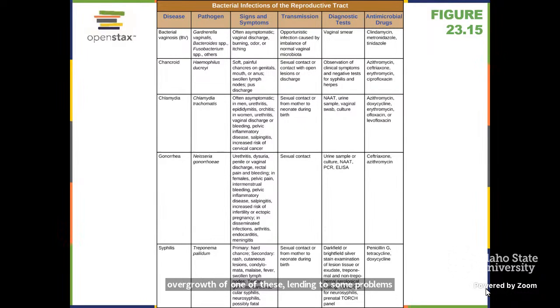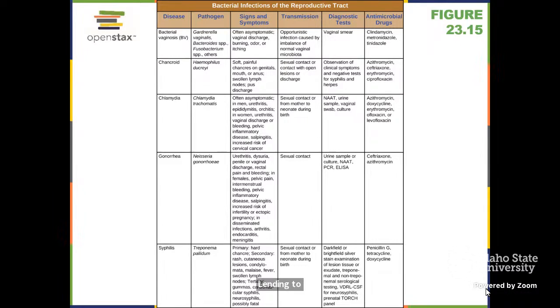Sometimes, maybe many times, it's an asymptomatic situation. You don't recognize really any problems. But then there are potentials for vaginal discharge, burning, odor, and itching that may lend to recognition. So there are some antimicrobials as treatment and a vaginal smear looking for things like clue cells or other deviations, overgrowth of bacteria, lending to diagnosis.